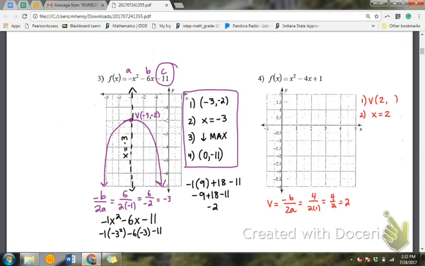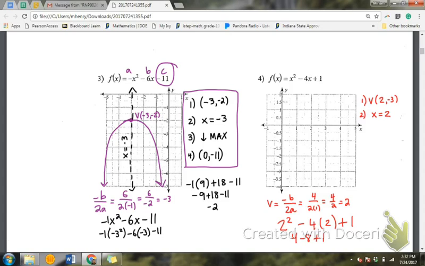It's easier to plug in when the x value is positive. 2 squared minus 4 times 2 plus 1. Who else got their vertex to be 2, -3?